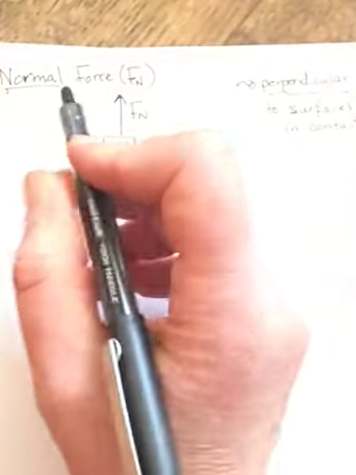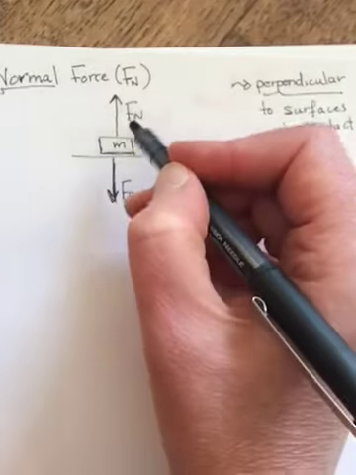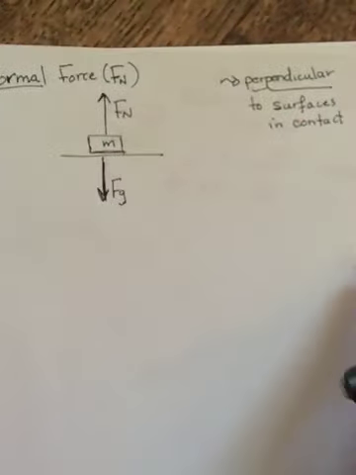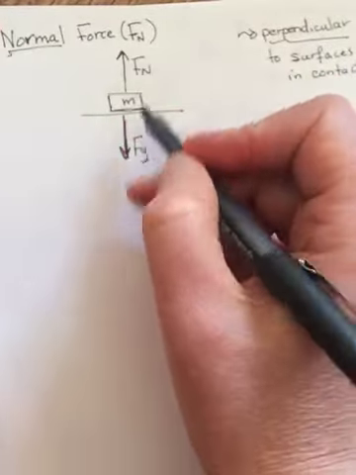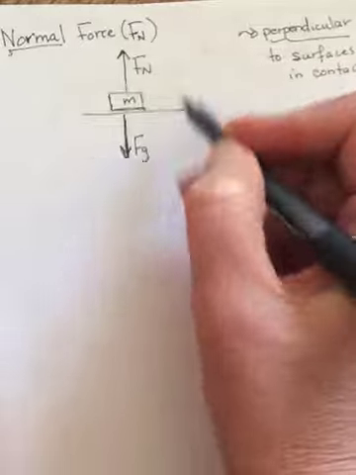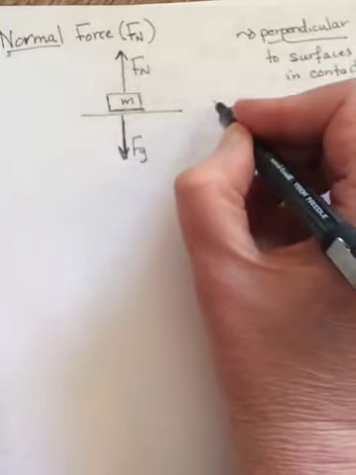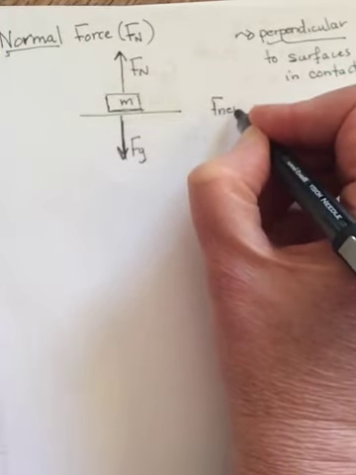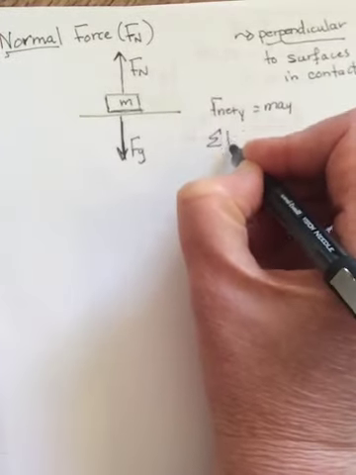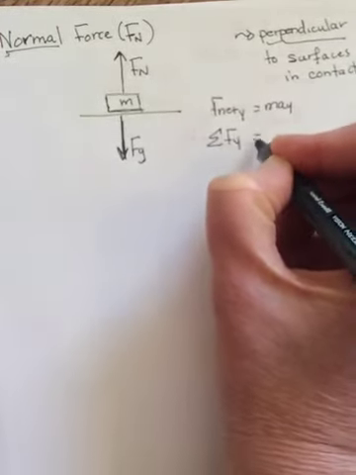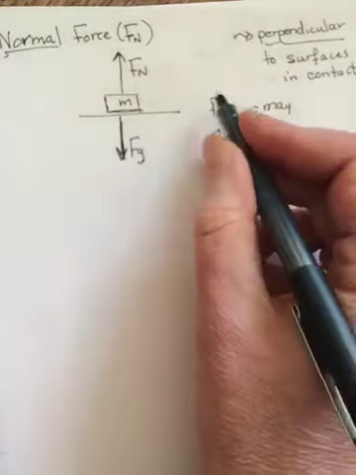Okay, so the normal force is the force of the second surface pushing back on the first, and it's always perpendicular to the surfaces in contact. In this particular case, Fn is going to equal Fg. Assuming this object is just sitting there, just like you, then the object isn't moving, so if we did F net in the y direction is equal to may, and this is why I use sum of the forces in the y, just because I don't really like a whole sentence as a subscript.